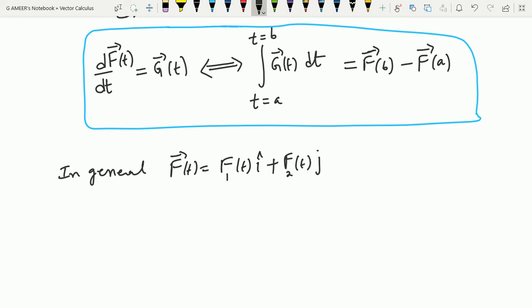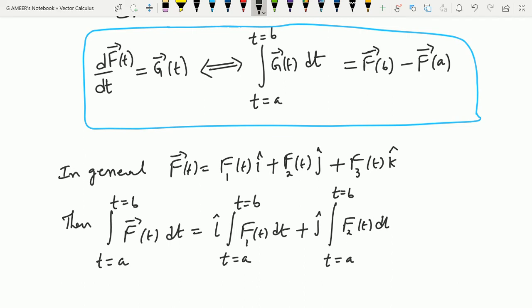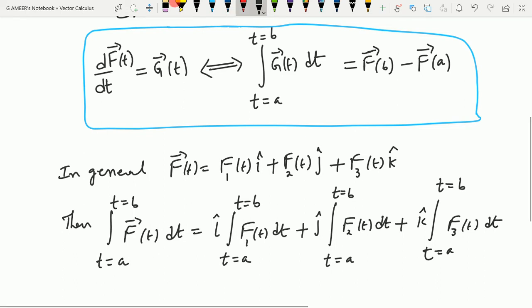It has a y component, let's say f2 of t times j, and a z component, f3 of t times k. Then the integration of f of t from a to b is simply the x component integrated separately, the y component separately, and the z component separately. So the integral from t equal to a to t equal to b of f1 of t, in the i direction, plus j times the integral from a to b of f2, then k times the integral from a to b of f3 of t. In this way also we can do it.